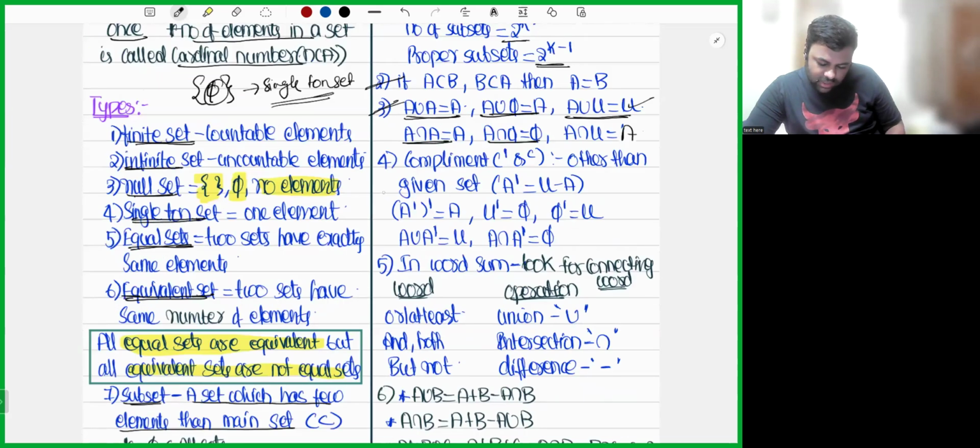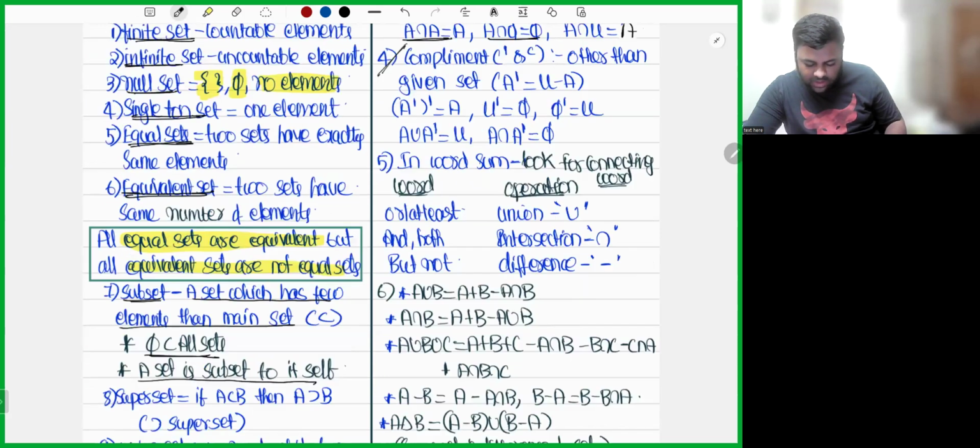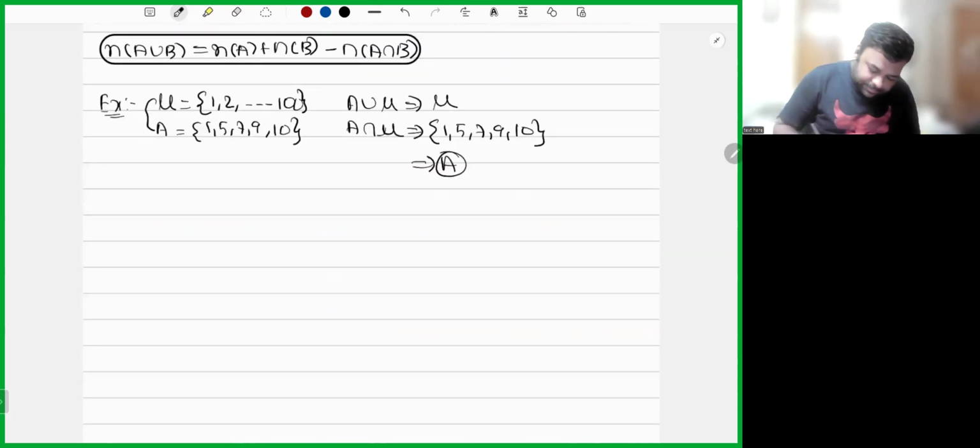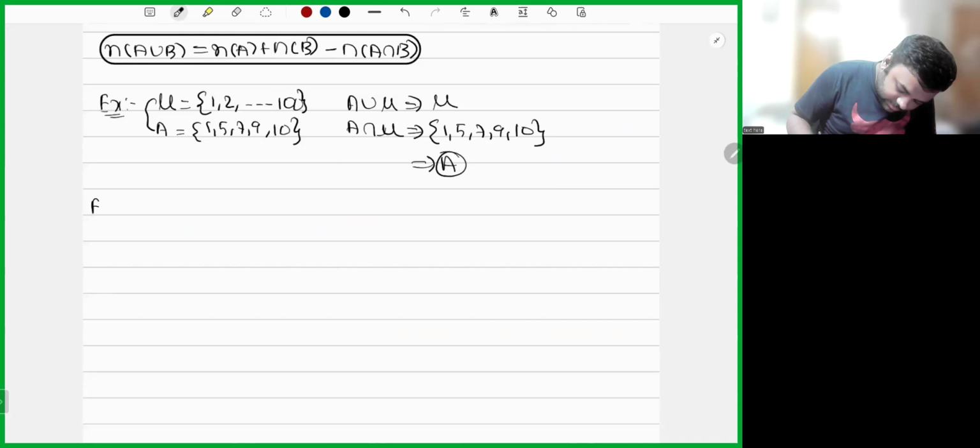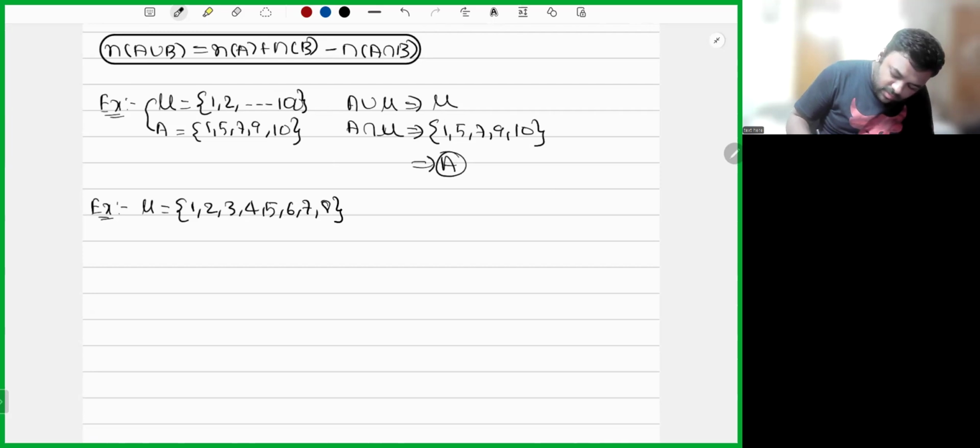Now, complement of a set. Complement of a set means other than the given set. Like say for example, I am telling universal set is 1, 2, 3, 4, 5, 6, 7, 8. Now A is given as 1, 3, 5, 7. Now what do you think A complement will be?